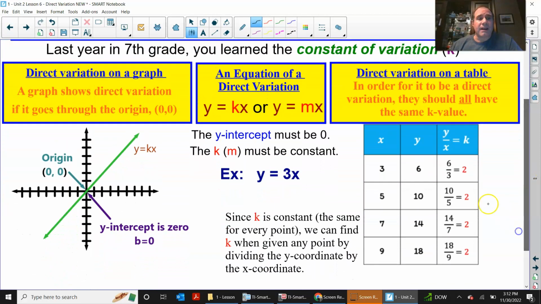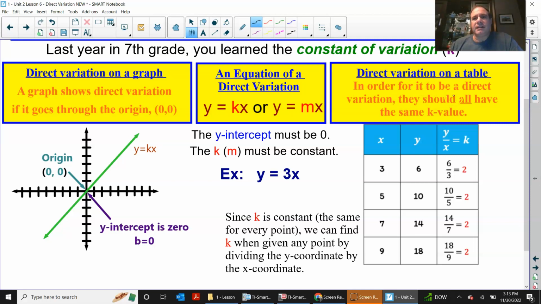A direct variation on a graph looks like this right here, where the line goes straight through the origin. The y-intercept is 0. In an equation, the y-intercept must be 0, so it looks like y equals 3x, y equals negative 5x, y equals 1/2 x. Anything like that is a direct variation.